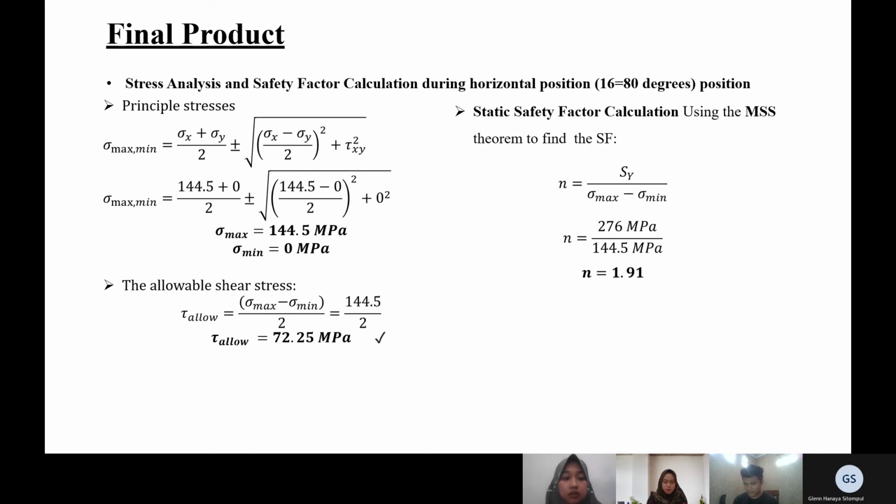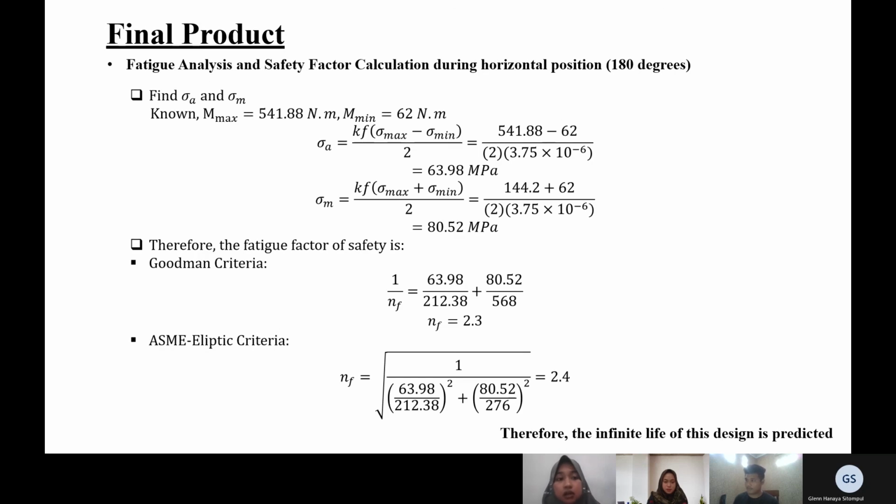And then the allowable shear stress is equal to 72.25 megapascal. For the static safety factor calculation, we use the MSS theorem. Therefore, we get N is equal to 1.91. For the sigma A and sigma M, we use the following formula. Therefore, we get the sigma A is equal to 63.98 megapascal and the sigma M is equal to 80.52 megapascal.